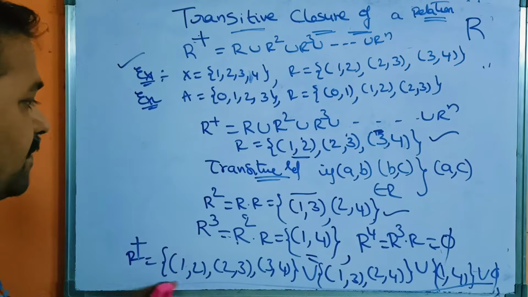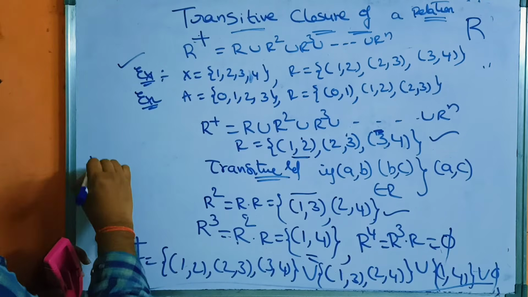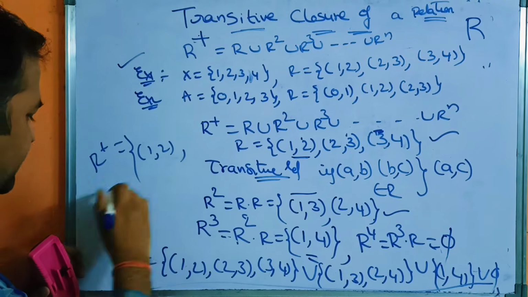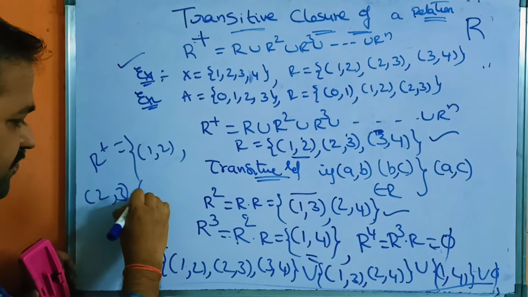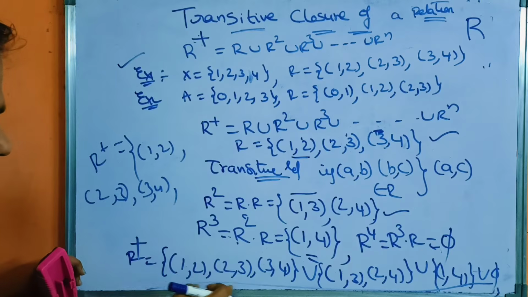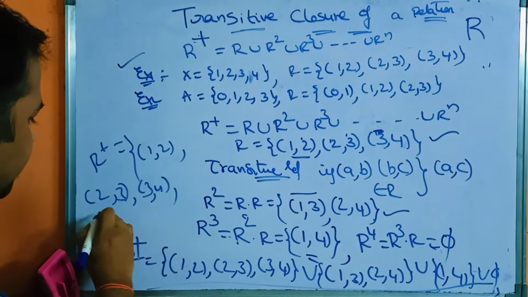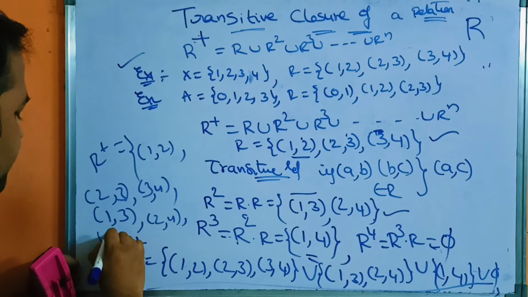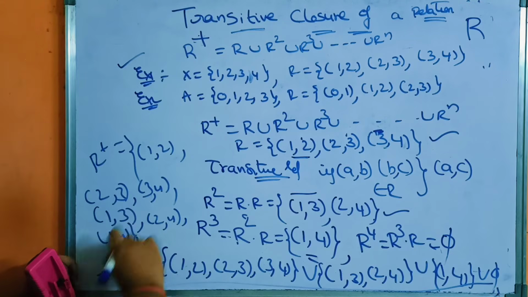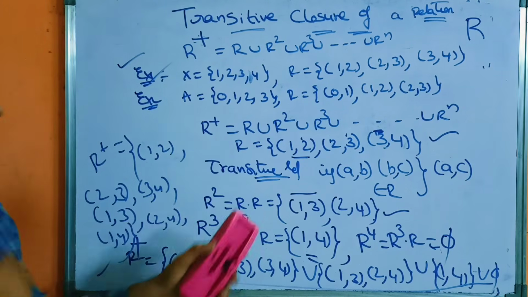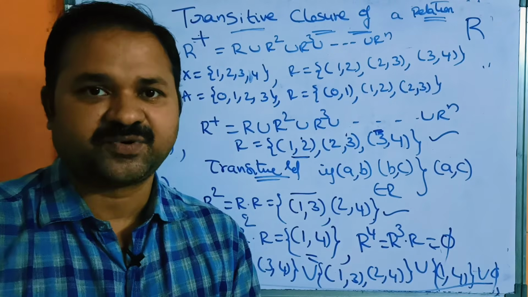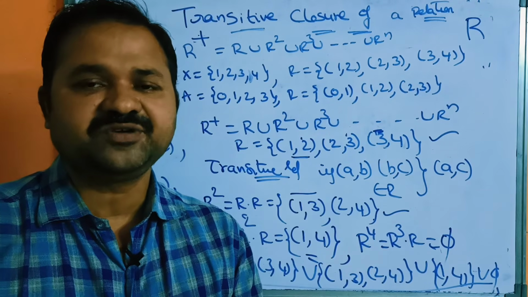Next we need to combine all these pairs. So R power plus is equal to {(1,2), (2,3), (3,4), (1,3), (2,4), (1,4)}. So this is the result, the transitive closure of the first example. Likewise, you can calculate the transitive closure of the second example. So this is about the transitive closure of a relation.